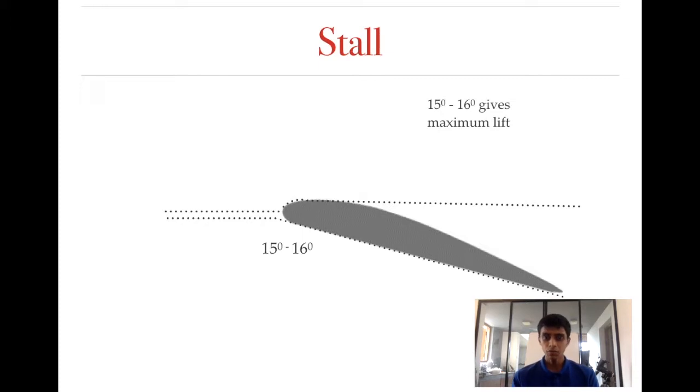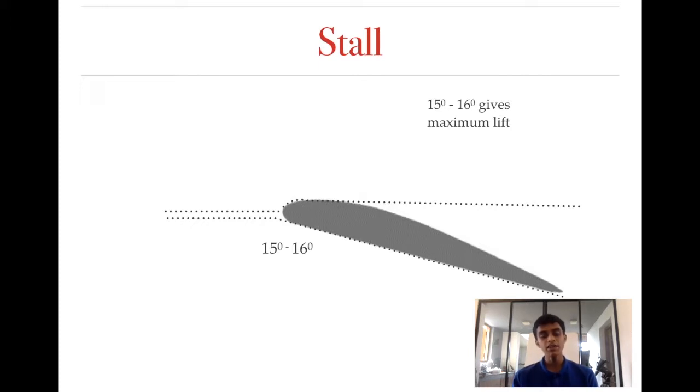So one more thing to note is that the angle of 15 to 16 degrees will give a maximum lift also. Right? Because when the angle of attack increases, the lift also increases. We'll discuss how this happens in a later episode. But for now, just remember that when the angle of attack increases, the lift increases. This is the very reason why we keep an angle of attack.